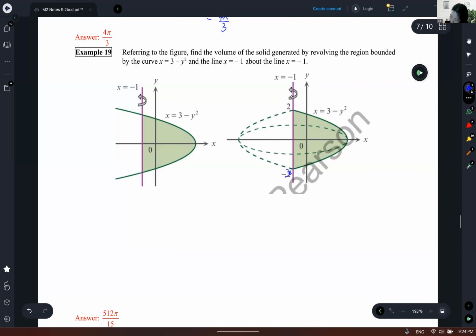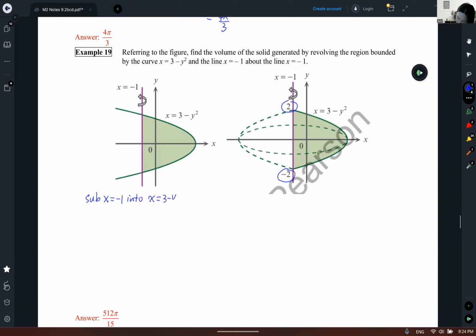We need to show the steps of finding these two values. That is to substitute x equals -1 into x equals 3 minus y squared. I have that. So that's how these two values are found.